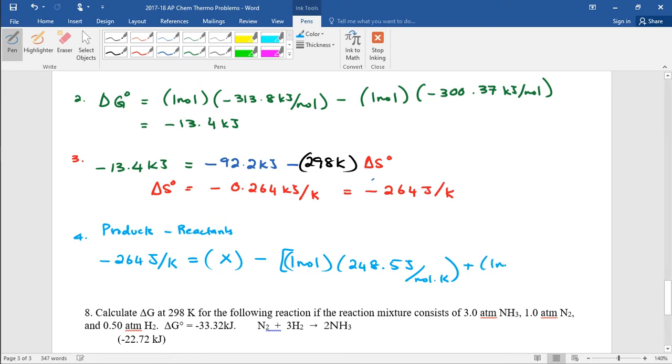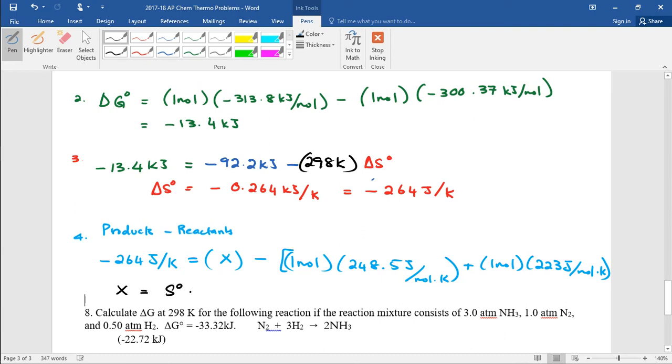Then I have 1 mole of my second reactant, so that's going to be 223 joules per mole Kelvin, and that will give me X, which is actually the standard molar entropy for SO2Cl2.